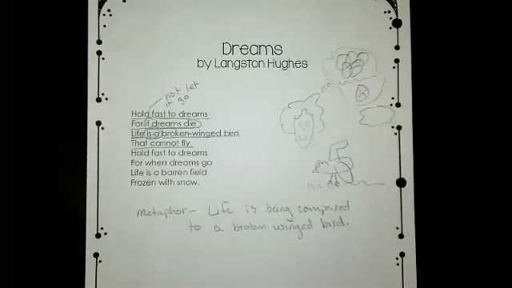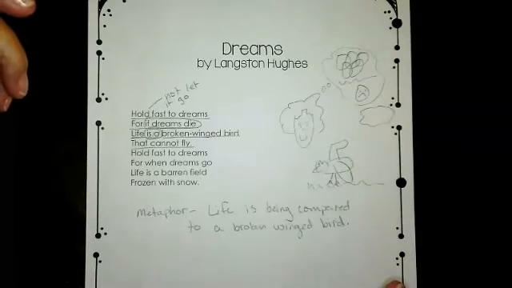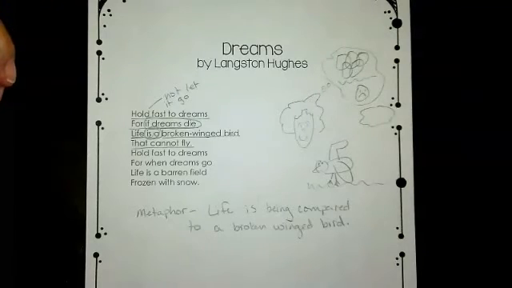Today in writing, I've made some changes to this poem actually, because I want you to think about how you can change the tone of a poem by changing the words in a poem. You can change the images that your reader sees by the words that you choose to use. And then metaphors are a way to describe something to your reader.